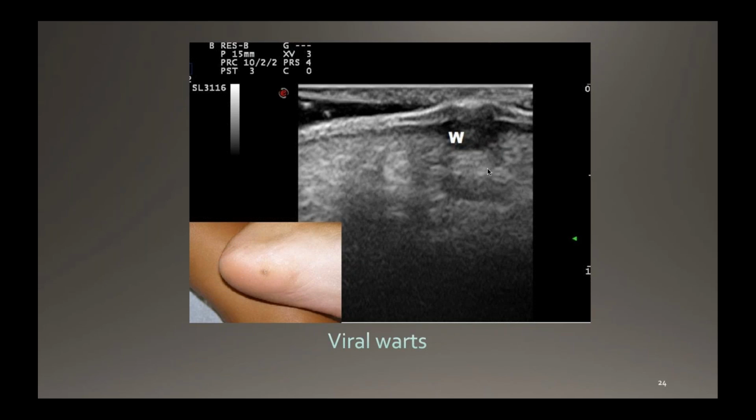In this case, the inflammation, the hypoechoic area marked with the W, is reaching the epidermis and superficial dermis, not reaching the deeper part. Then you can assess if this wart is going to be tough or not whenever you are treating, and even predicting if the patient is going to need 1, 2, or more treatments by your podiatrist.